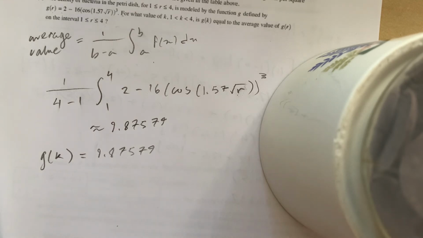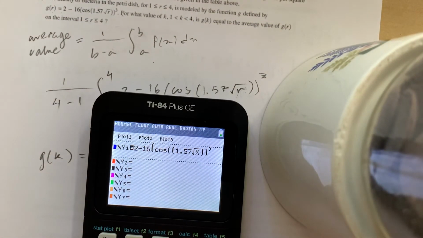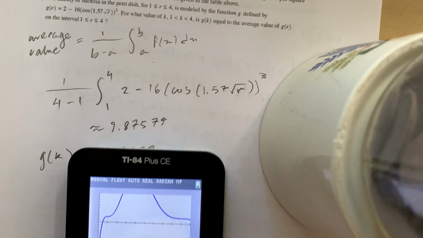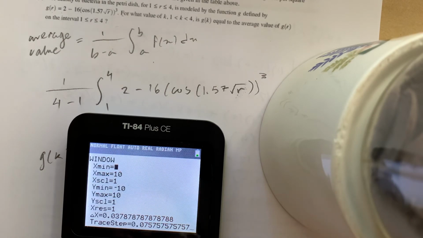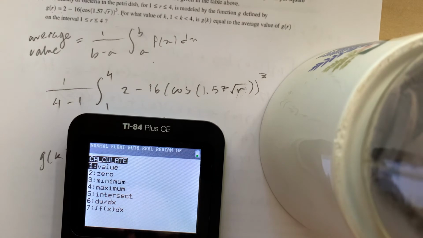And so what I can do now is graph this function, I already have it here. Okay, so I'm going to go to second calc and find the value.